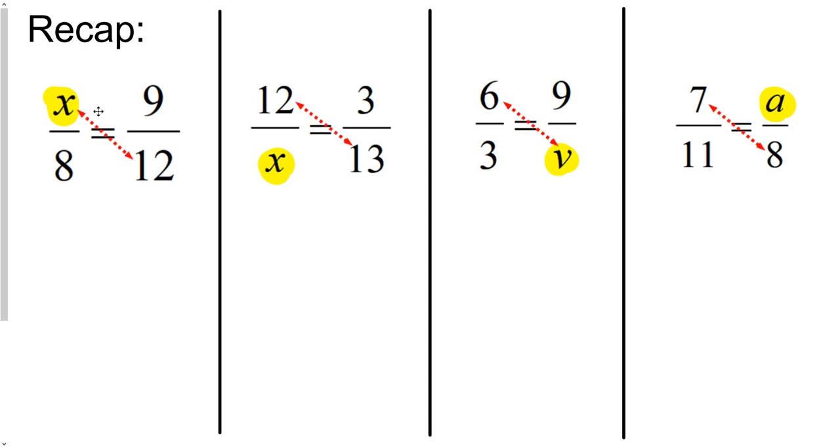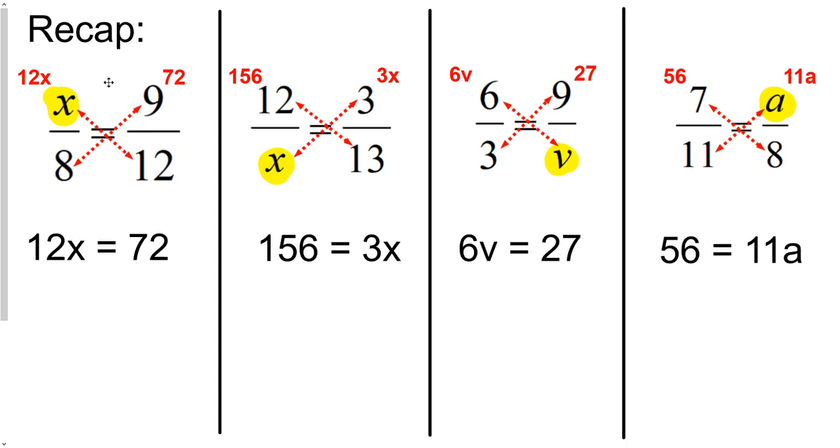Cross multiply. So x times 12 is 12x. 12 times 13 is 156. 6 times v is 6v. 7 times 8 is 56. Then cross multiply the other way. So 8 times 9 is 72. x times 3 is 3x. 3 times 9 is 27. 11 times a is 11a.